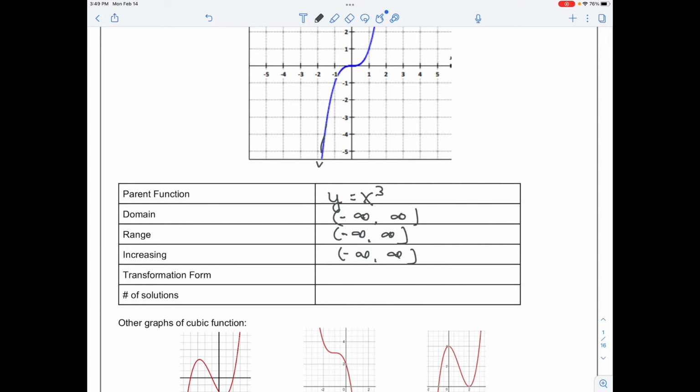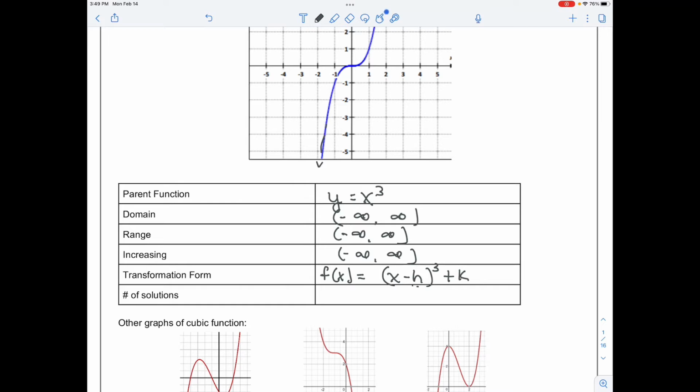And when we transform it, it may look similar to what we've done in the past. It's going to look like f of x is equal to (x minus h) cubed plus k. That should be a form that you're familiar with.